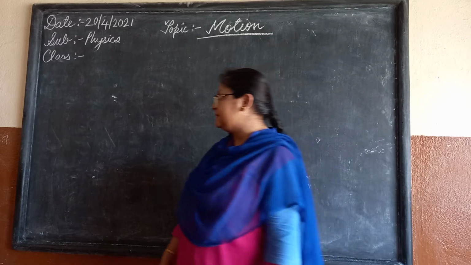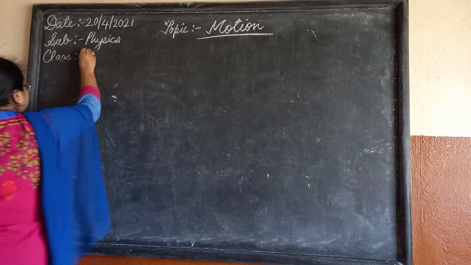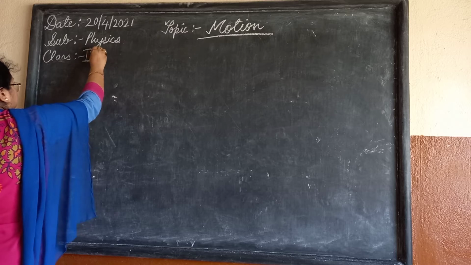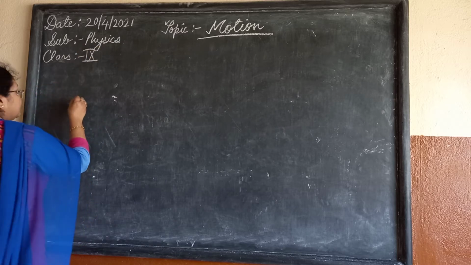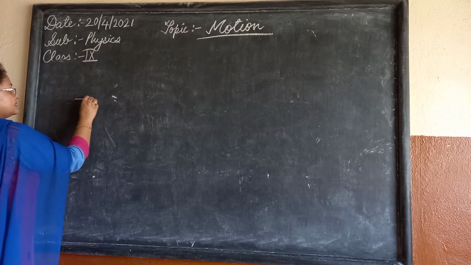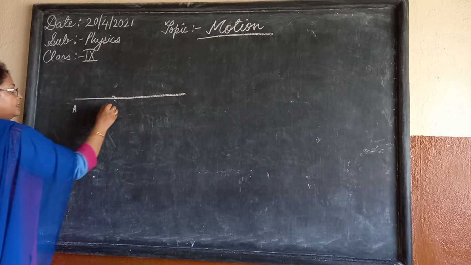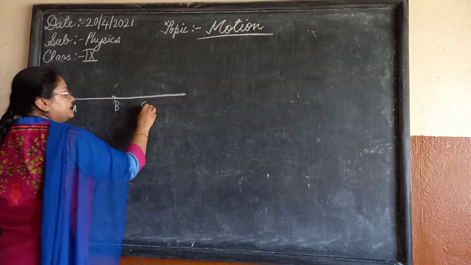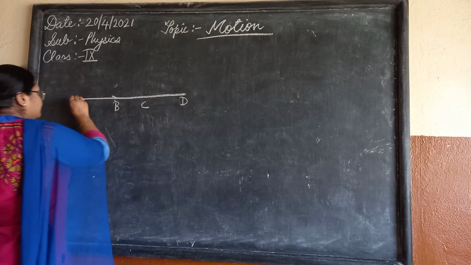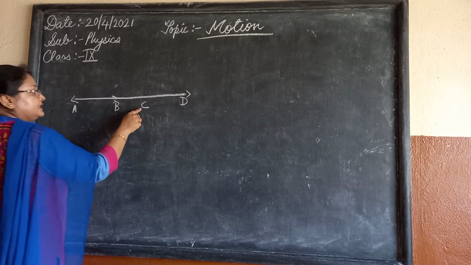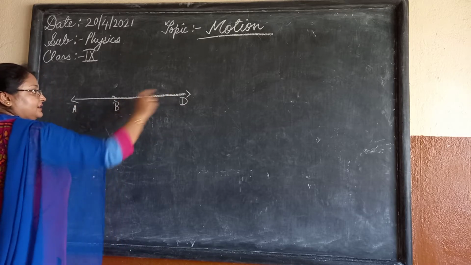In class 9 we will see what motion in a straight line is. It can be taken as this. We are taking this particular path A, B, C and D. So the motion along this path, that is from A to B, B to C and C to D, is along the straight line itself.